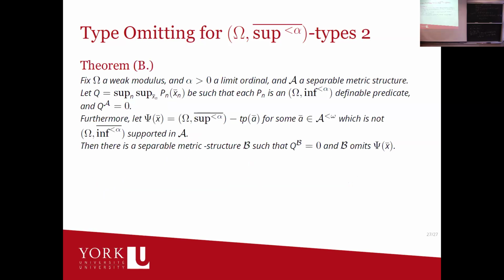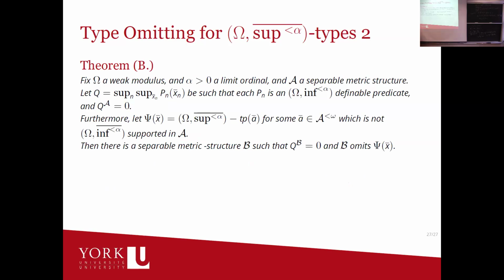Now let's go back. So if you remember, if a type is not isolated, it's omittable in classical logic. So we want a theorem that says something like that, that if a type is not supported, then I can omit it. But I cannot do it for a whole theory. This is an infinitary logical case.